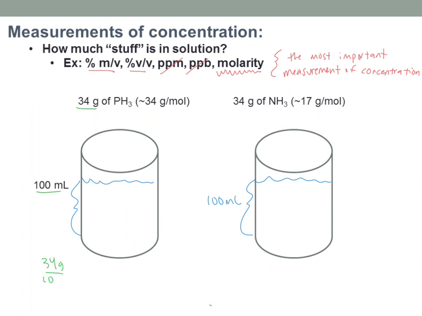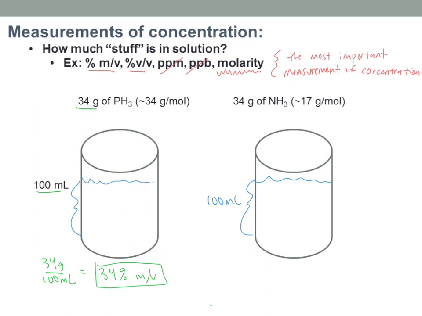One way to talk about that concentration is to just do the percent by mass. So in this case, this would be a 34% mass by volume solution.